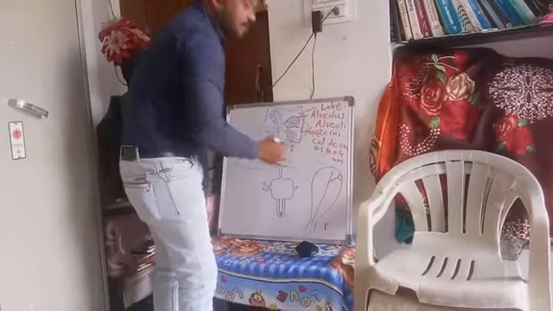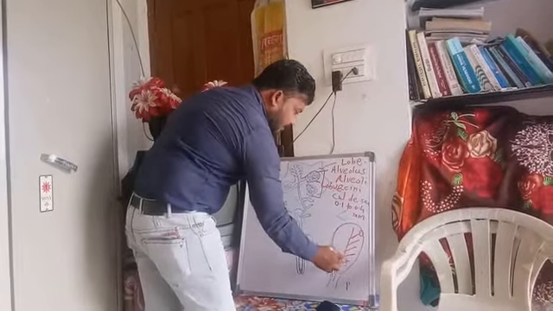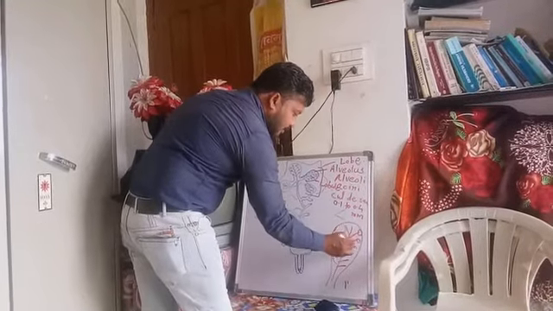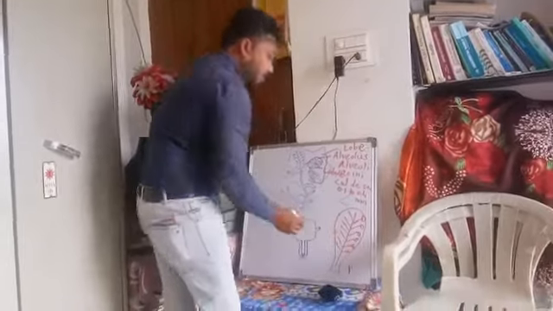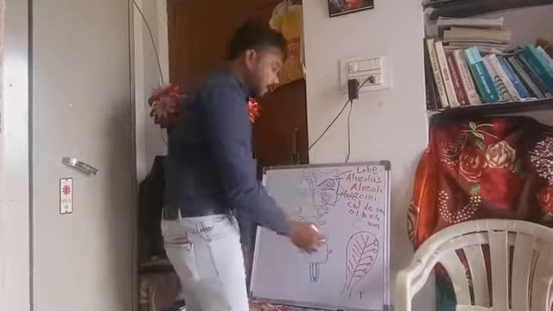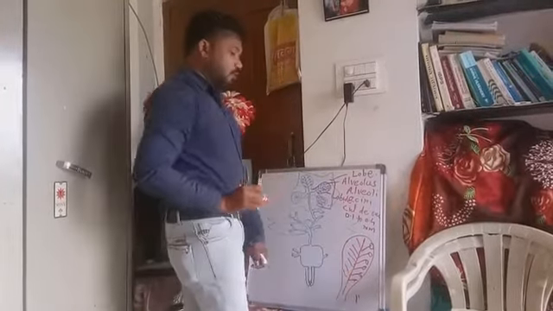through this terminal duct. Many such terminal ducts are there, containing alveoli. All these terminal ducts join together to form a larger duct within the lobule.